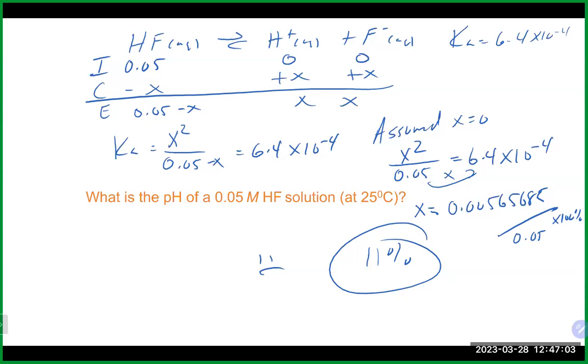We would have a lot more products at equilibrium, so the change would be relatively big. Anything 5% or less is really the rule we're following here, sometimes called the 5% rule. So anything less than 5% is acceptable. Anything at 5% or above is considered a little bit too big.